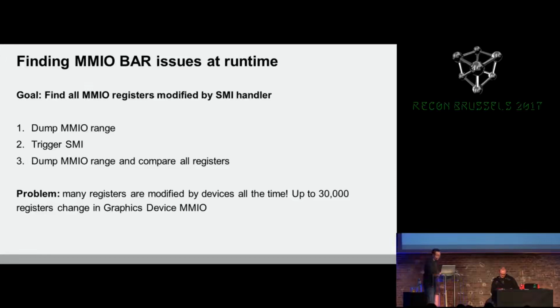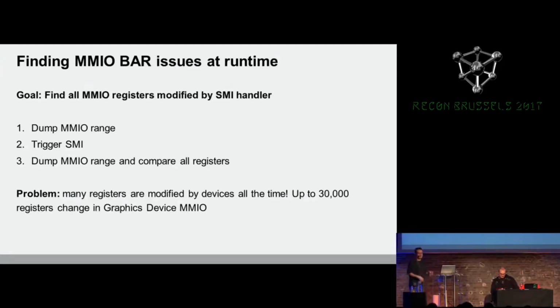Unfortunately, this is a lot more complex than that. Initially, we thought it would be very similar to identify those issues at runtime, but in reality, it's pretty complex. And the reason is because those are not memory contents. So in addition to firmware, other parties are also writing to those registers.